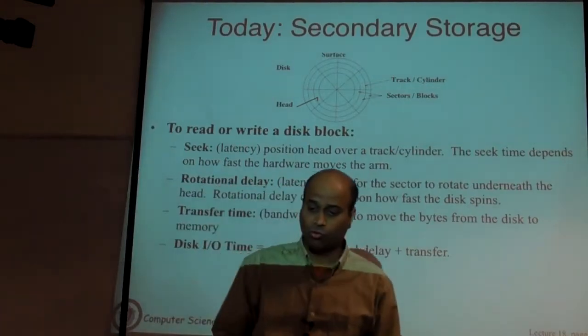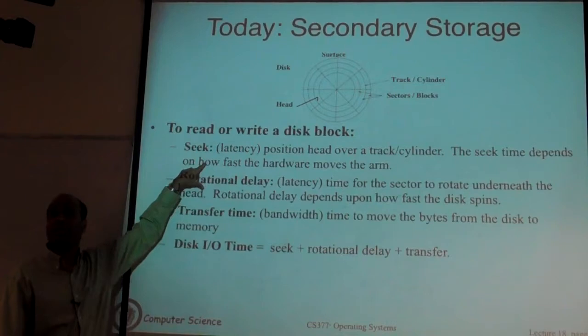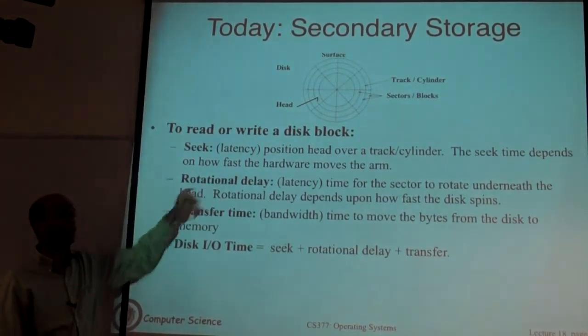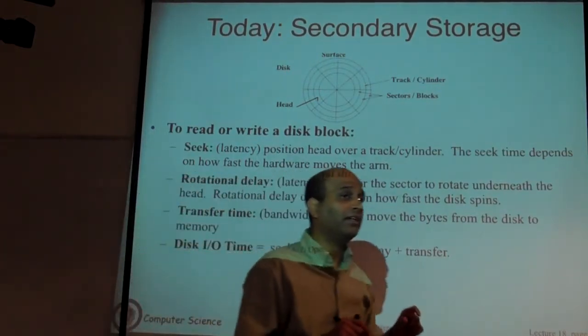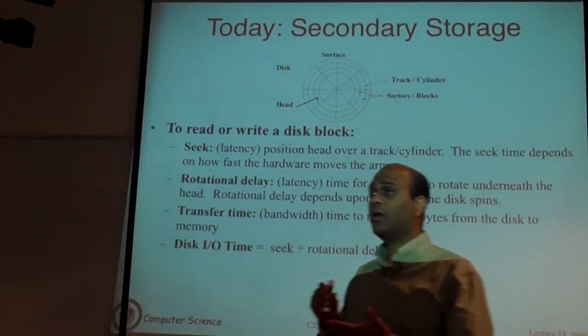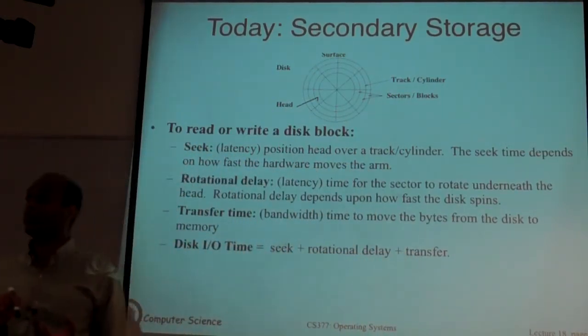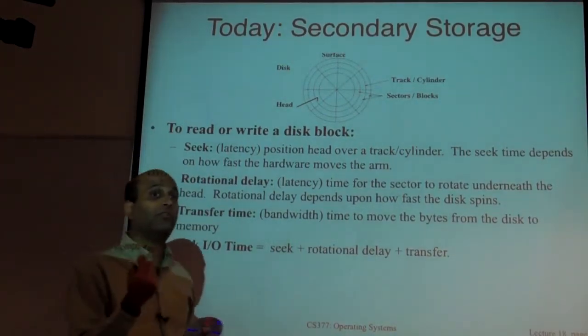The overhead to move the disk head to the right track from wherever it is called the seek time or the seek latency. Once you're positioned on the right track, the time it takes for the right sector to spin under the disk head is referred to as the rotational latency. If the sector has just spun by, you have to wait for an entire rotation before it will spin by again.